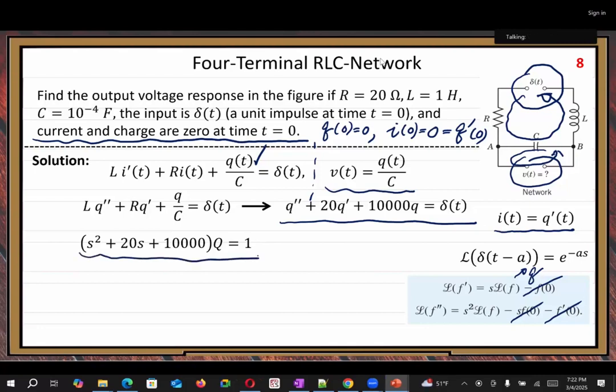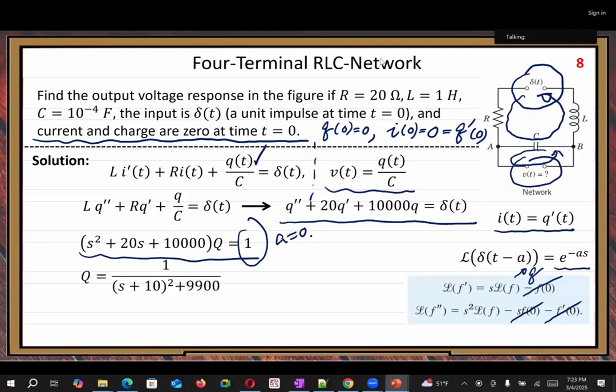The right-hand side is 1 because a equals 0, right? When we apply the Laplace transform of delta with a equals 0, e to the 0 times s, that's 1. So you can find capital Q easily.